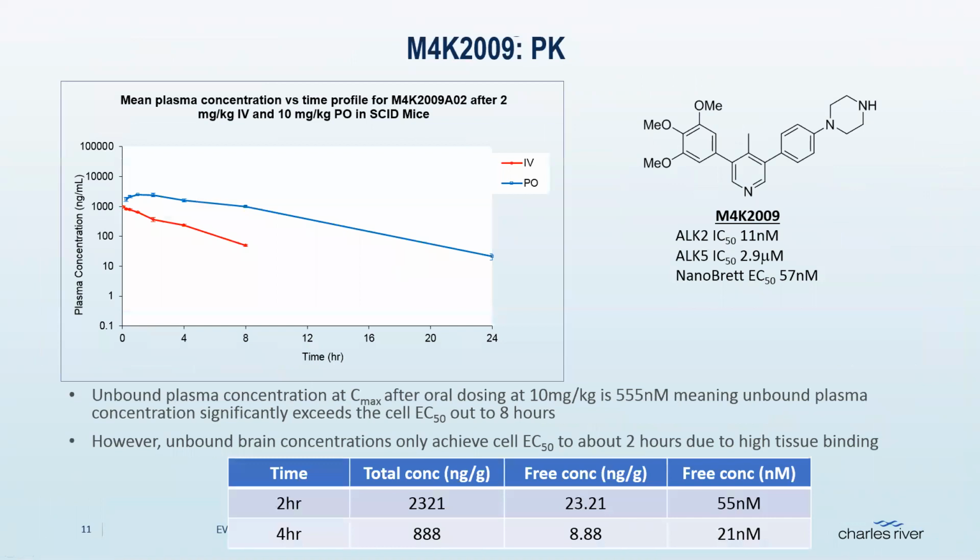Yeah, the other thing that I did notice when they ran the brain exposure experiment was that the plasma exposure was actually about twofold higher than what we had seen in our pharmacokinetic experiment. So I think we still need more in vivo data with this compound to get more N values, to get a real understanding as to where we are.